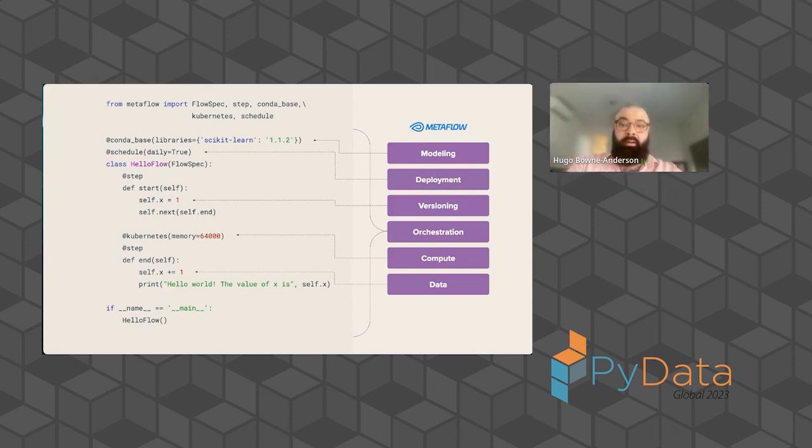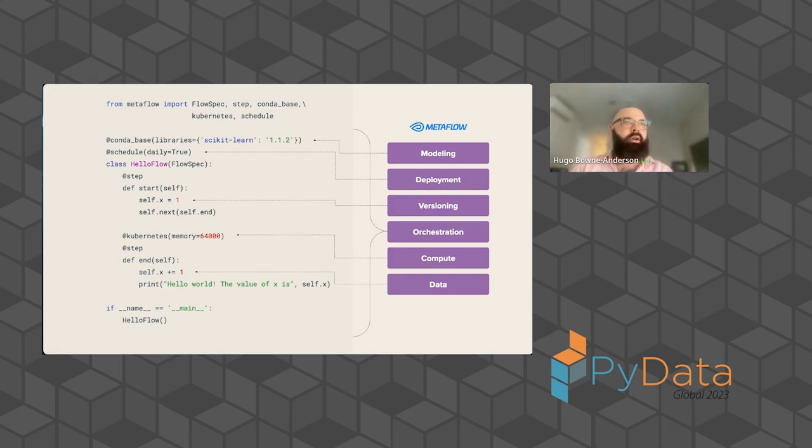And now it's used by hundreds of companies all across the globe in all types of verticals. But I wanted to show some Metaflow code just to give a sense of how, and this is PyData, you can write Pythonic code, not only Pythonic, but Python code as well, in order to interact with the full stack of machine learning in this sense.